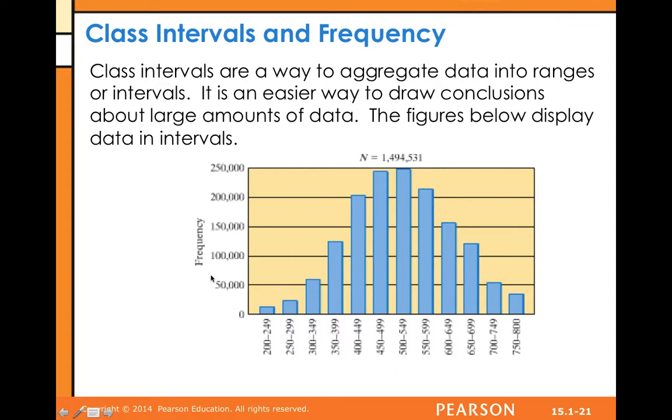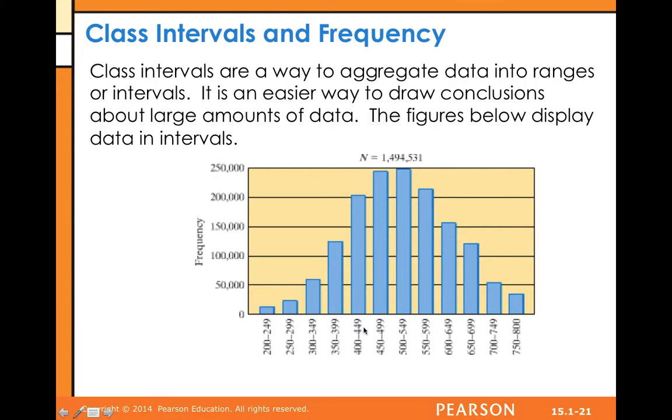So this chart would be humongous. So rather than having individual numbers on the horizontal axis, in a histogram you condense into, I call them bins. So you cluster them into ranges of data or intervals of data. So this first interval is from 200 to 249. The next interval is from 250 to 299, etc.